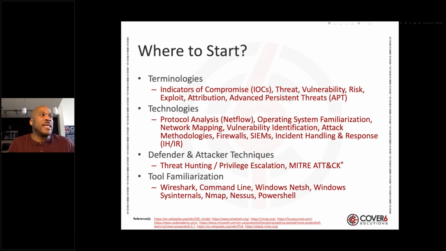Then some of your technologies, and these are kind of like the steps you could actually take in order: understanding protocol analysis or net flow. Once you get to the SOC, they'll have some type of net flow and protocol analysis tool. At home, you could use a free tool like Wireshark, or Security Onion, which we'll talk about.